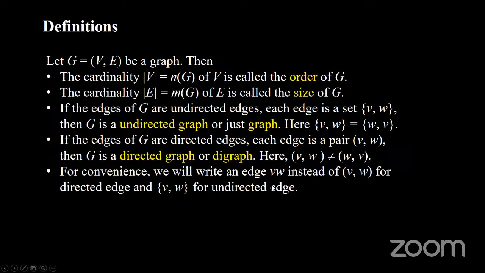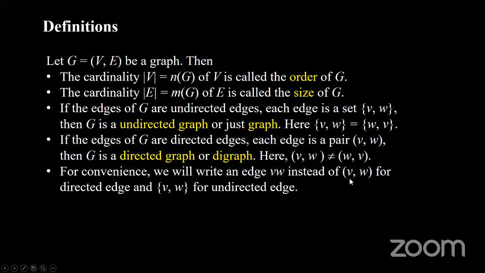And if we are going to use this several times, we are going to get tired. So instead of doing this, we're just going to mention that it is an undirected graph or just graph, or digraph or directed graph.